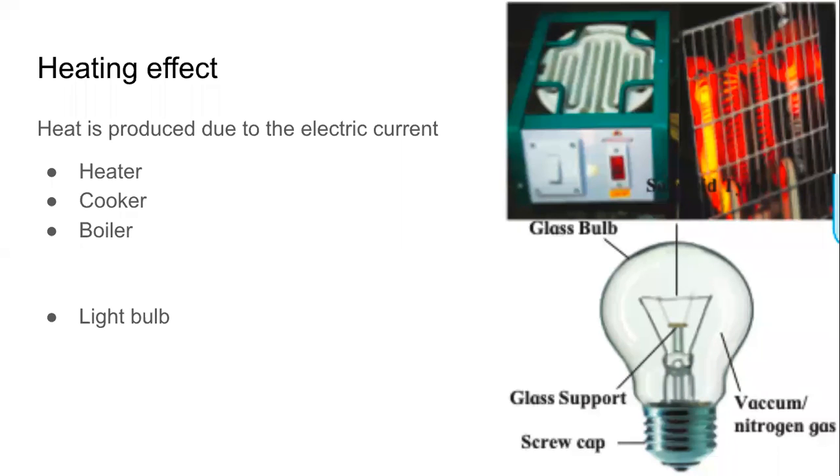Sometimes the heat produced is less. Sometimes the heat that is produced is more, depending on how much traffic there is. Is the road wide or is the road narrow? Is it easy for the electrons to move? Then the heat produced will be less. Is it difficult for the electrons to move? Then the heat produced will be more.